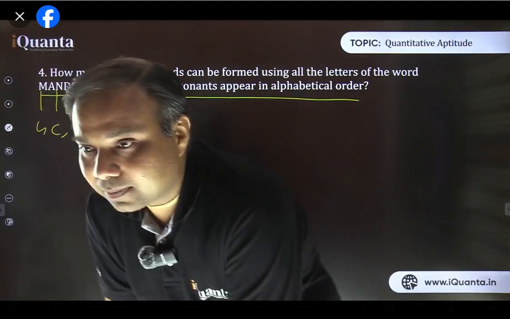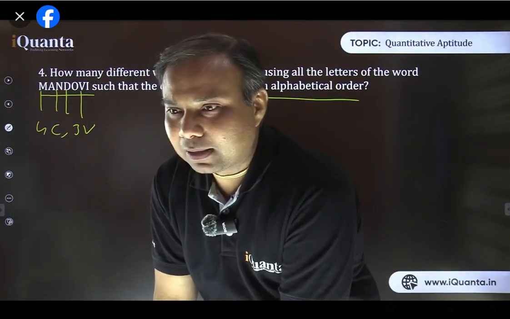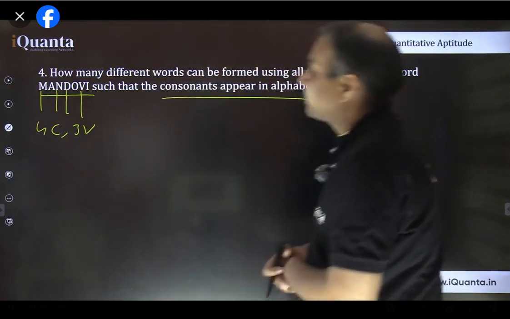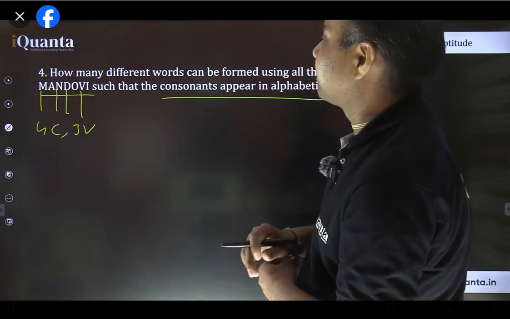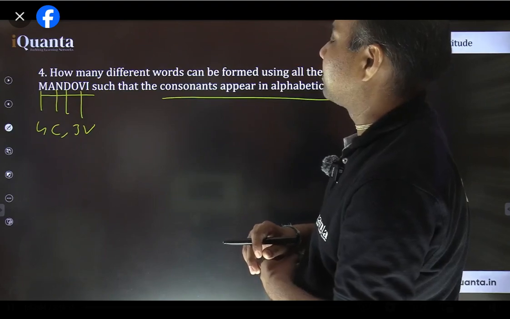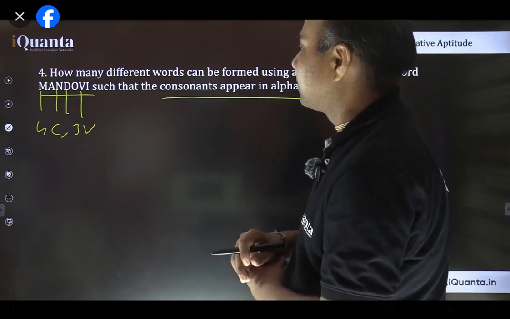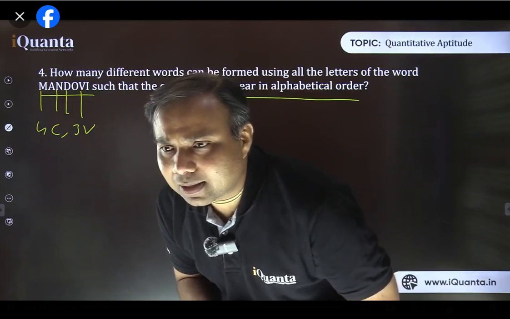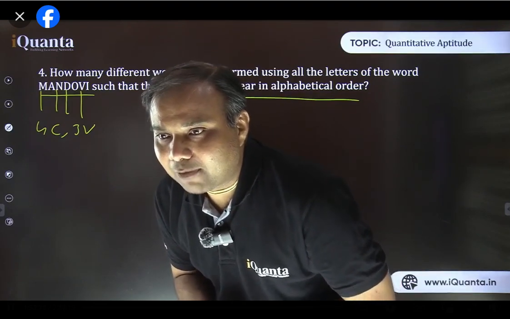Okay, what's your answer? 4 into 3 factorial, 12. How are you doing it? I don't think it is correct. How are you getting this? Everyone is getting a different answer.